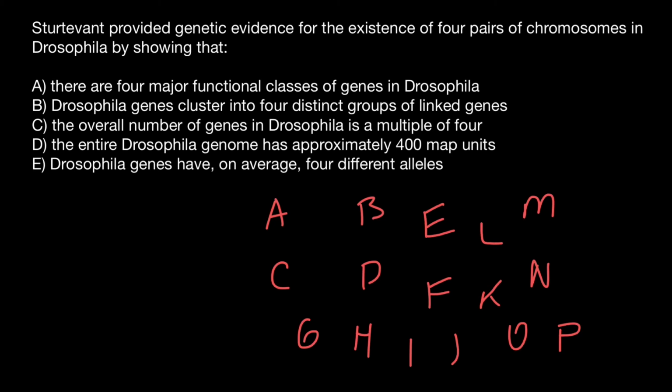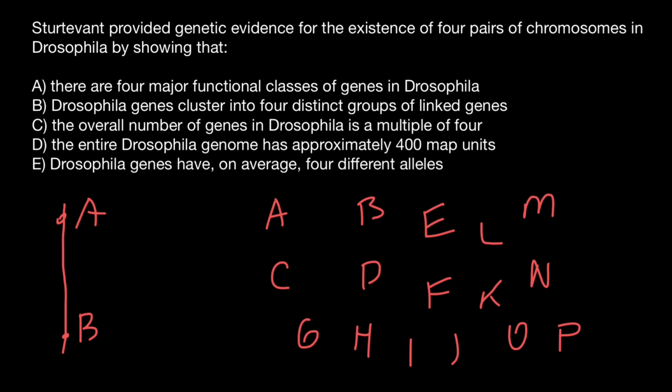If genes are on the same chromosome, so here's one chromosome, and here's a gene, say A, and here's a gene B. During meiosis, all chromosomes would segregate, and if genes are on the same chromosome, they would tend to be inherited by the progeny together.